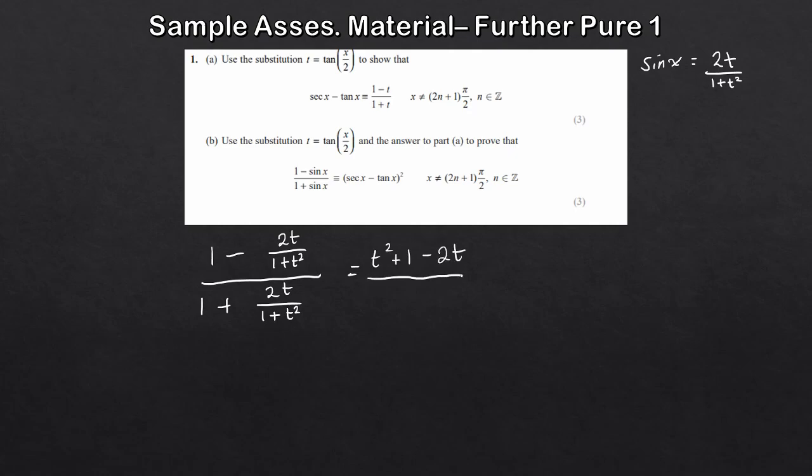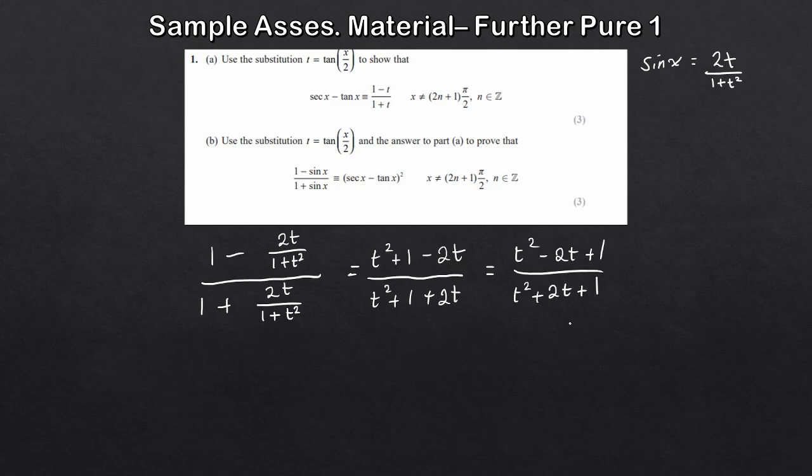Same again in the denominator, we get t squared plus 1 plus 2t this time. Now, I've done this in a funny order. It might help if I write it in the correct order. So this is t squared minus 2t plus 1 divided by t squared plus 2t plus 1.